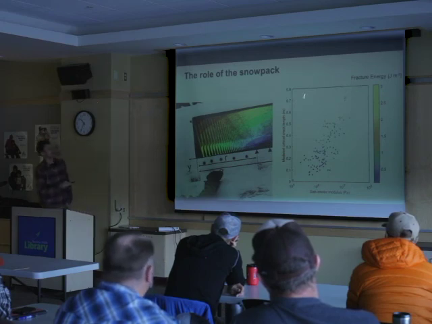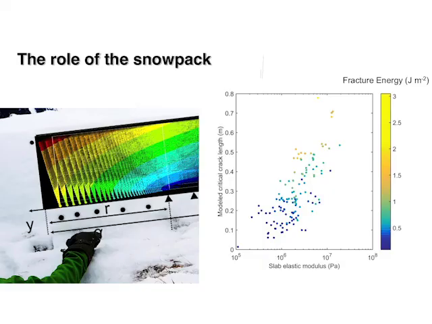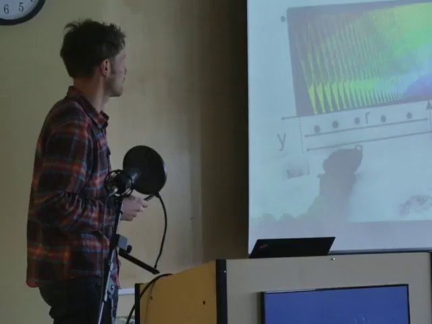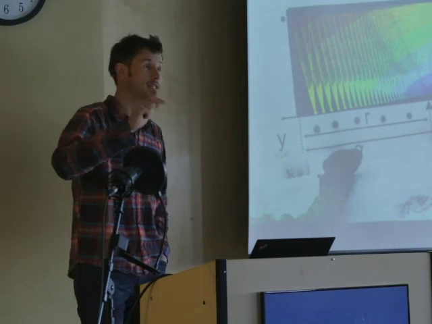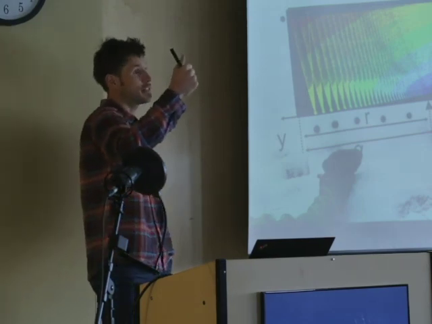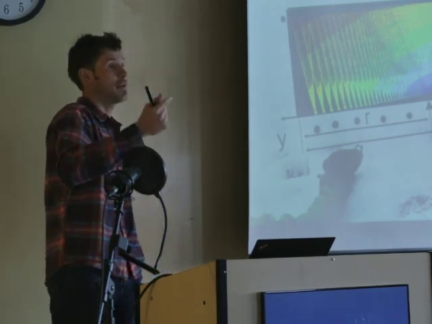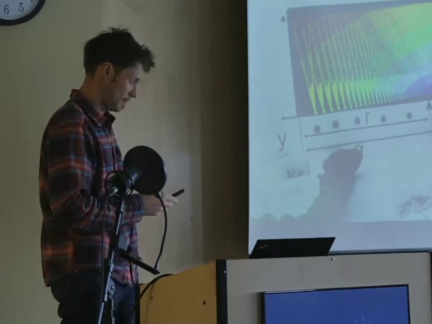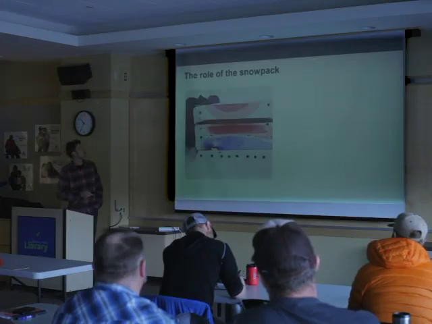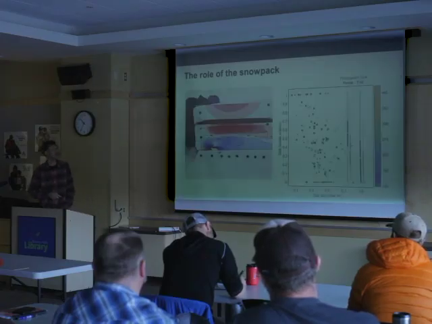And the fracture energy, we can also say the strength. The higher the strength of the weak layer, the less likely it is that the crack, or the harder it is to start crack propagation. So in terms of crack propagation, how stiff is the slab, and how fragile is the weak layer. And now let's look at the tensile criterion, the third one.